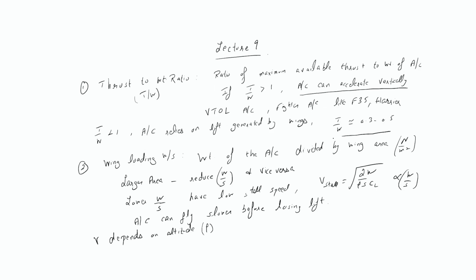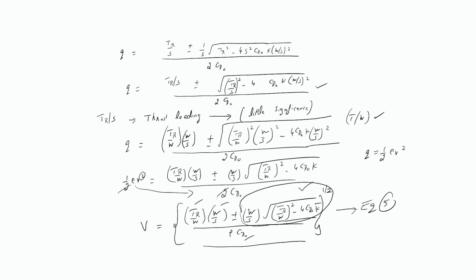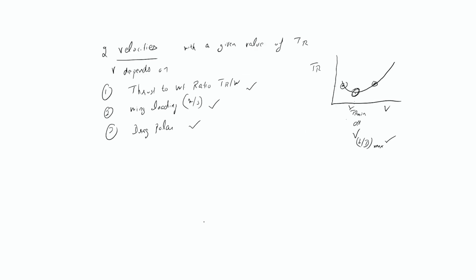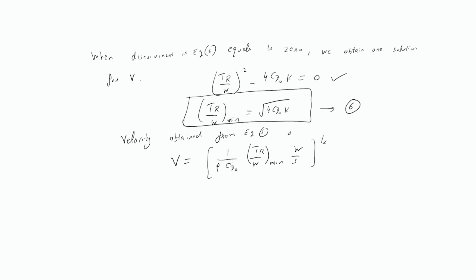What did we do just now? This became 0, then we substituted this in this equation. Velocity obtained from equation 5, 1 upon rho CD naught, so TR by W minimum, and then this is W by S, and this is over the square root.